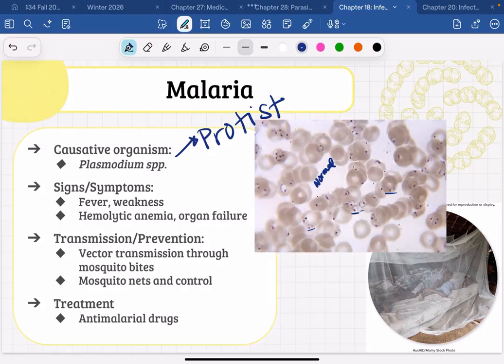Eventually, enough of the red blood cells break that there is not enough red blood cells for their body to carry enough oxygen. And that hemolytic anemia will eventually lead, again, because your body is not getting enough blood, your organs will eventually fail. And malaria is a significant cause of death, even still to this day.